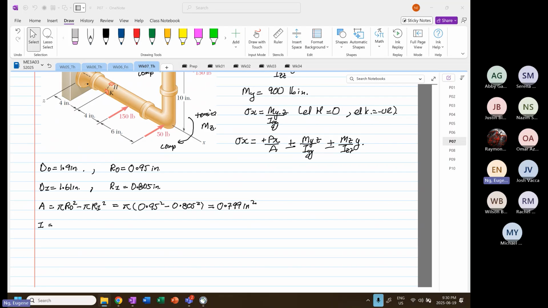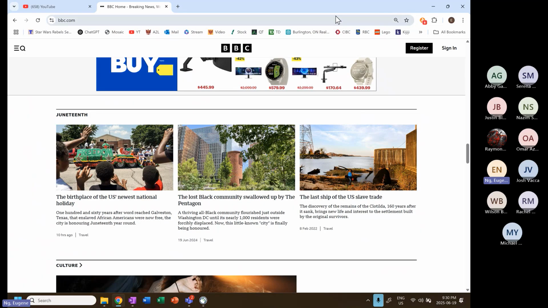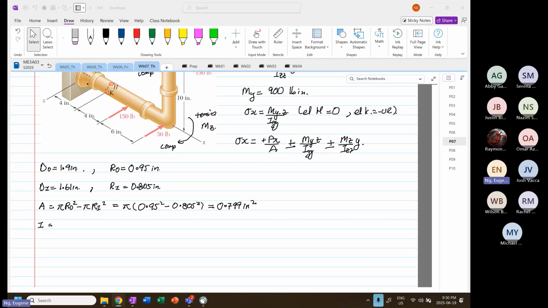I could not remember pi over 4 or pi over 2. Second moment of area.